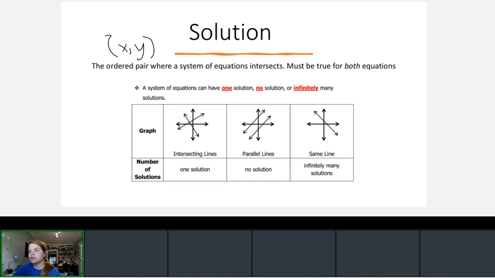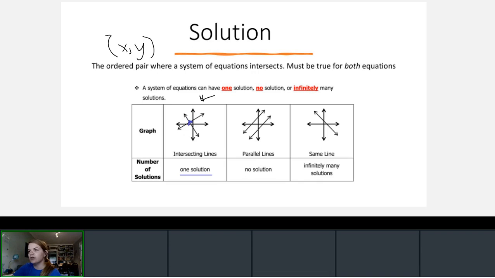When we graph a system, it can have one solution, no solutions, or infinitely many. If they are intersecting lines, meaning they cross at one point, it's going to have one solution. Remember, these are straight lines, so it's only going to intersect one time.